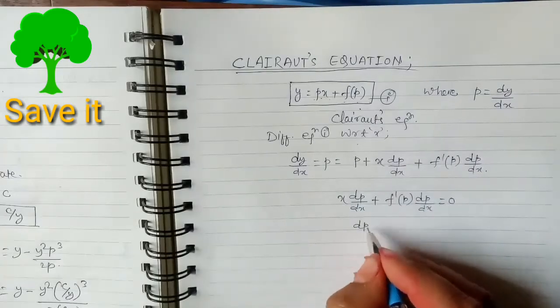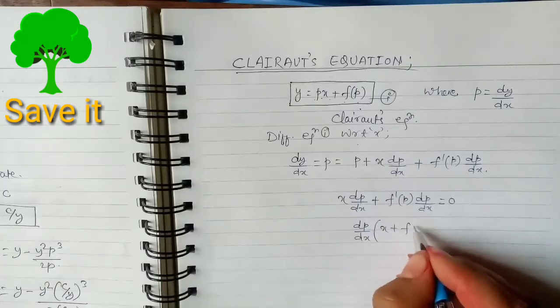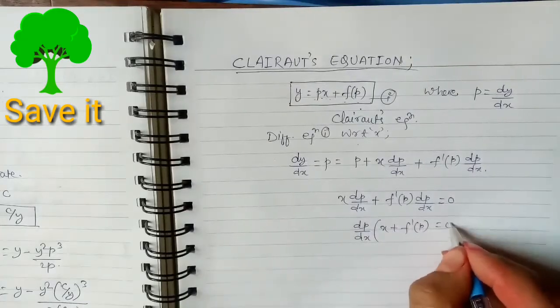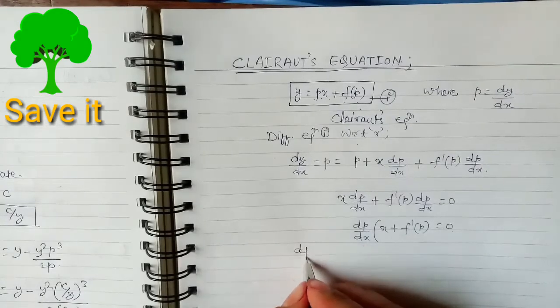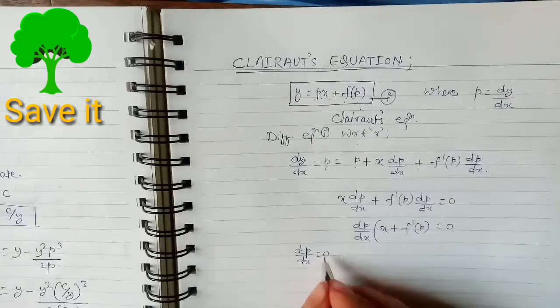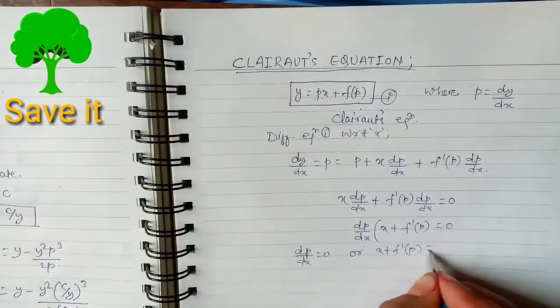From here we can take dp by dx common, then we get dp by dx times x plus f dash p is equal to 0. So from here what can we write? We can write either dp upon dx is equal to 0 or x plus f dash p is equal to 0.